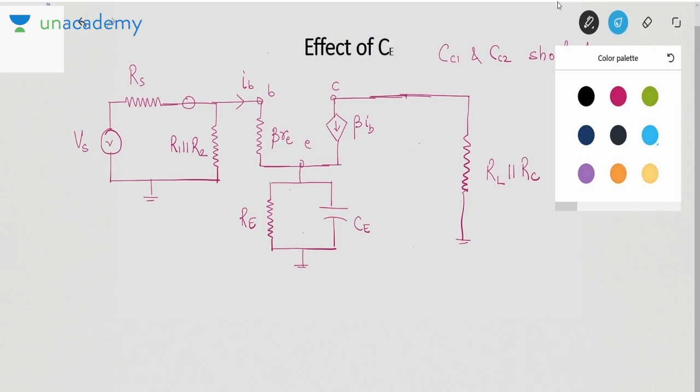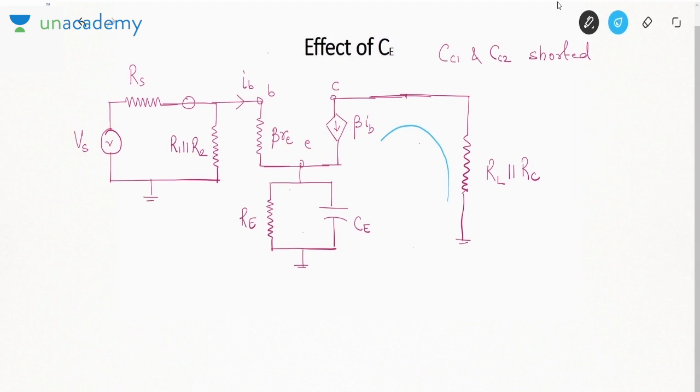Now we can see that this beta IB current will be flowing like this. This is V0. But the polarity of voltage in resistance will be like this. Okay. So if it is like this, what I can say is that V0 is minus beta IB into RL parallel RC.